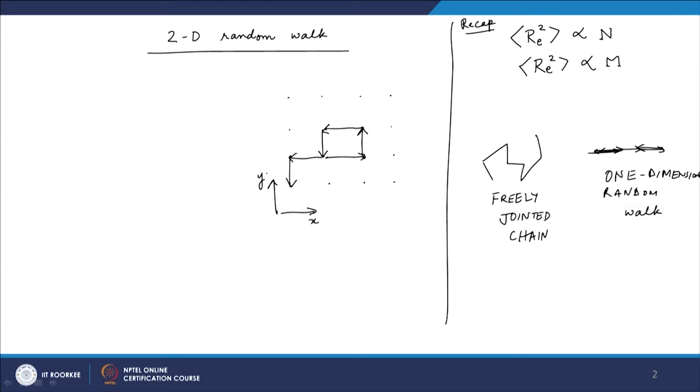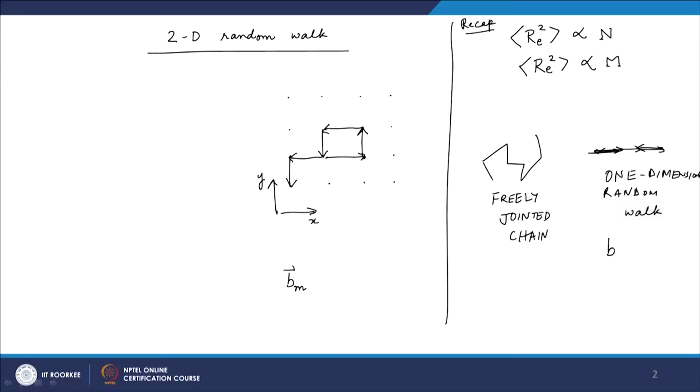What it really means is the segment vector that we defined earlier, which was in any direction in the freely jointed case, and plus b unit vector in x direction or minus b unit vector in x direction in the one-dimensional walk case.